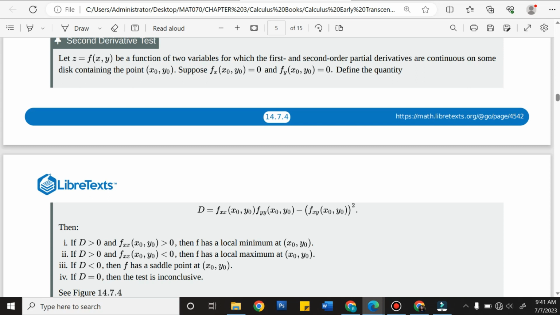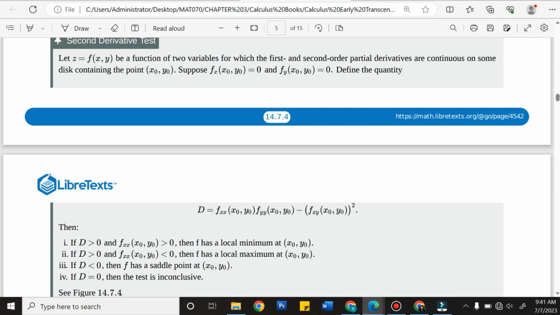Now, let's have the second derivative test. Let z be a function of two variables for which the first and second order partial derivatives are continuous. Suppose the first derivatives with respect to x and y are both 0.